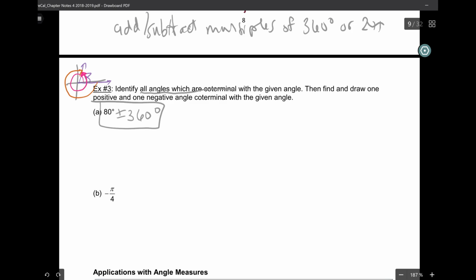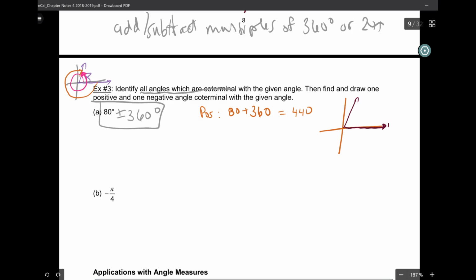So we have to give an example of a positive. As I was talking about, the positive would be 80 plus 360. So to draw that, I would say, okay, that's equal to 440 degrees. 80 degrees is about right here.